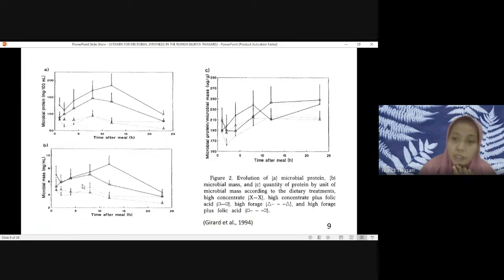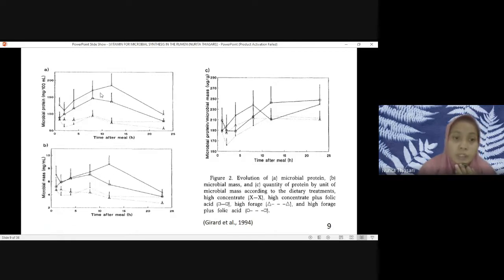We can see in here the high concentrated diet have the higher microbial biomass comparing with the high forage diet. And also the same result for the microbial biomass, the folic acid have a lowest microbial biomass comparing with the without the addition of the folic acid.